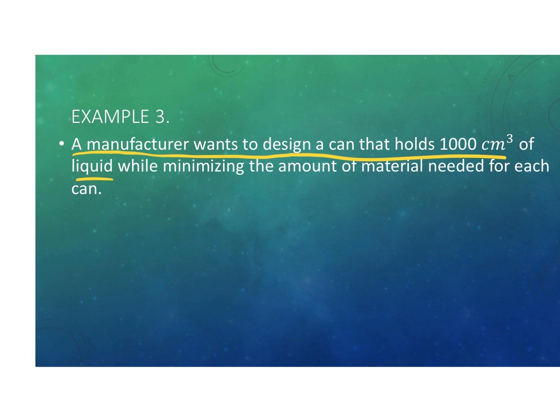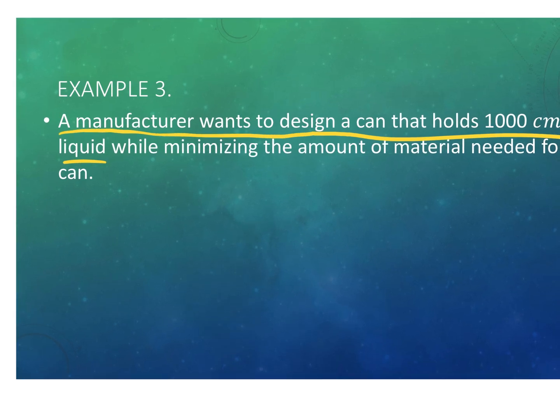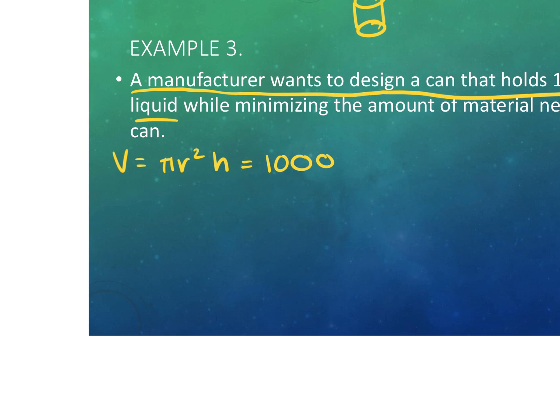Awesome. Our volume equation of a can, so this would be like volume of a cylinder, would be pi r squared h. And our volume equals 1,000.